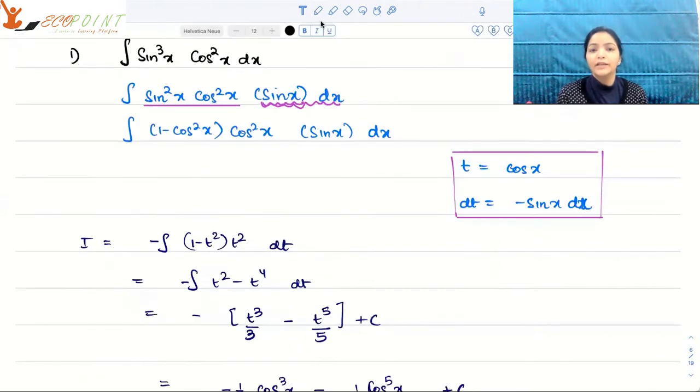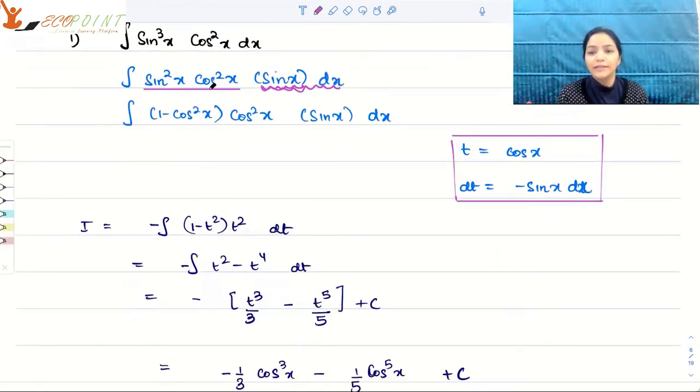Your integral becomes sine square x is 1 minus cos square x, so 1 minus t square into t square. And here you have sine x dx, which becomes dt with a minus sign, so you'll have a minus sign outside: minus of integral t square minus t to the power 4 dt. Just integrate: you will have t cube upon 3 and t to the power 5 upon 5 plus c.